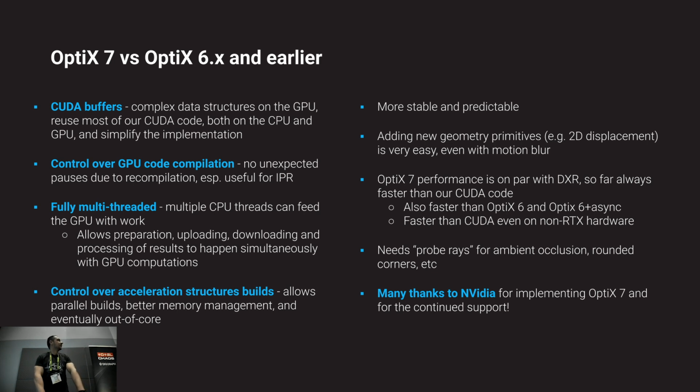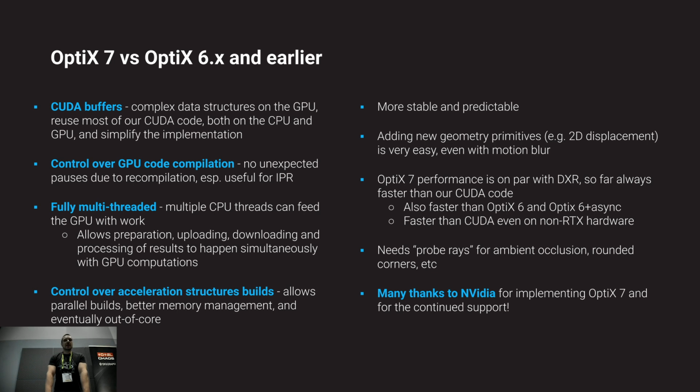So we wanted more control over when and how this compilation happened. And especially in IPR, it could be really distracting if this recompilation happened when you started adding new shaders or new lights. So we wanted more control over that. Also, V-Ray GPU is distributing the work to the GPUs in the system for multiple CPU threads.